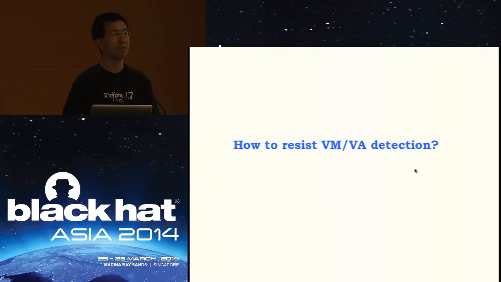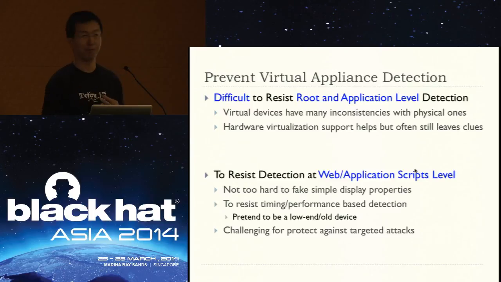What I want to say is that if the user or the remote side has access to the application level, or has access to the kernel level, or is able to run native code, our view is that it's pretty hard to prevent the other side from figuring it out, okay? Because it's so hard to make the physical and virtual look the same, even if you have lots of hardware virtualization to support this.